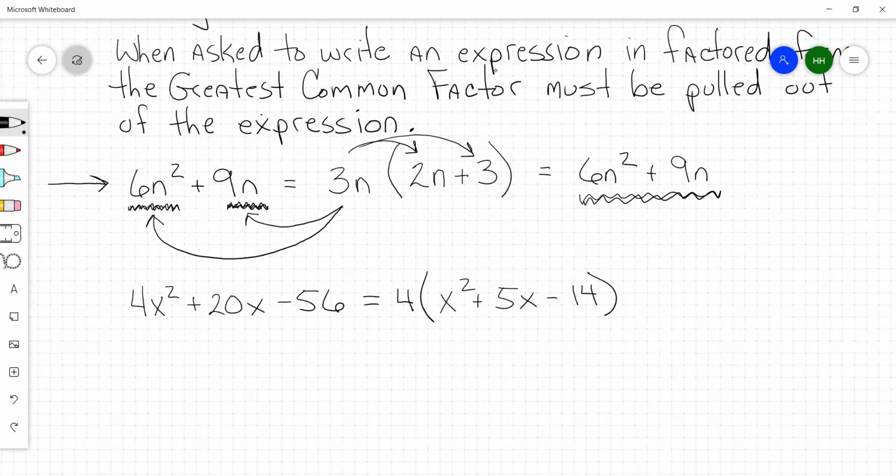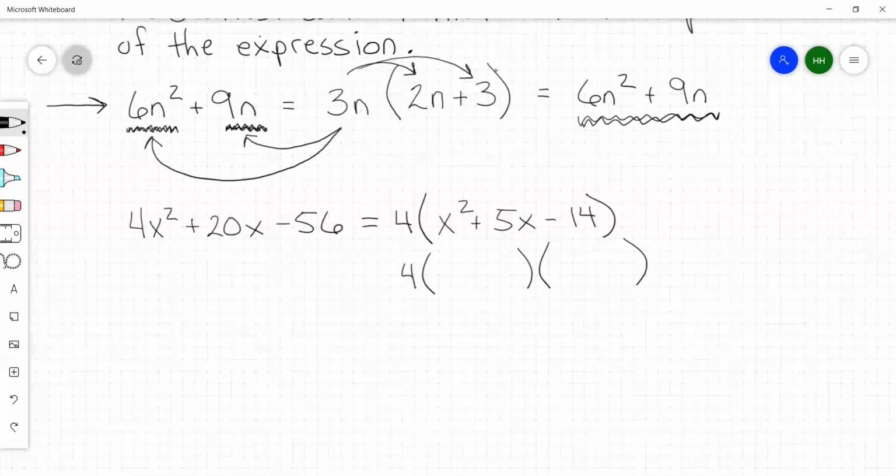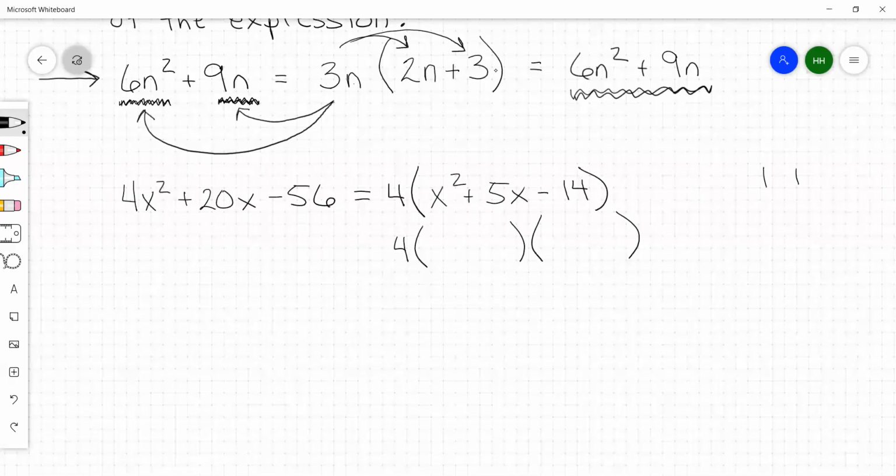All right, so now you're going to do exactly what you did yesterday with the trinomial that's inside the parentheses. So don't forget to bring down your 4. All right, so the 4 comes down. We need the factors of 14. So we got 1 and 14, and we got 2 and 7. And the 2 and the 7 are the only two that'll get you a 5. Okay, so we factor this. We got our x and our x.